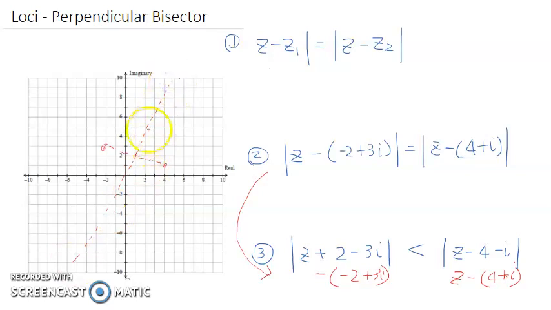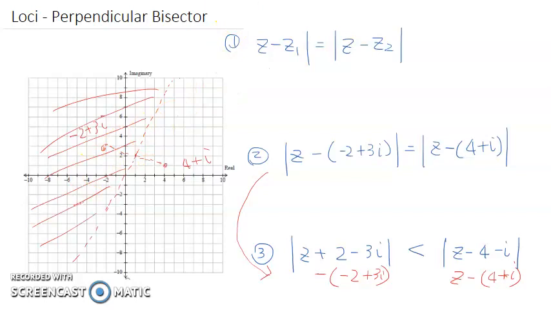That means z cannot be on this perpendicular bisector. So this is negative 2 plus 3i, and this is 4 plus i. The distance from negative 2 plus 3i is less than the distance from 4 plus i to z, which means we're talking about the entire region on the left-hand side of the perpendicular bisector.